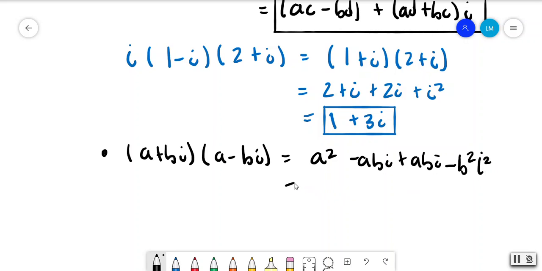Now, you have that the two middle values cancel out, and you end up with a squared plus b squared.